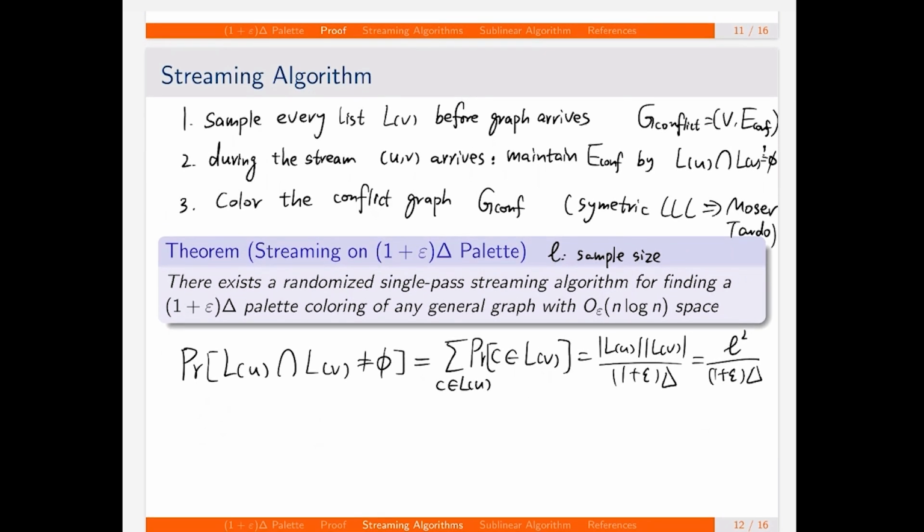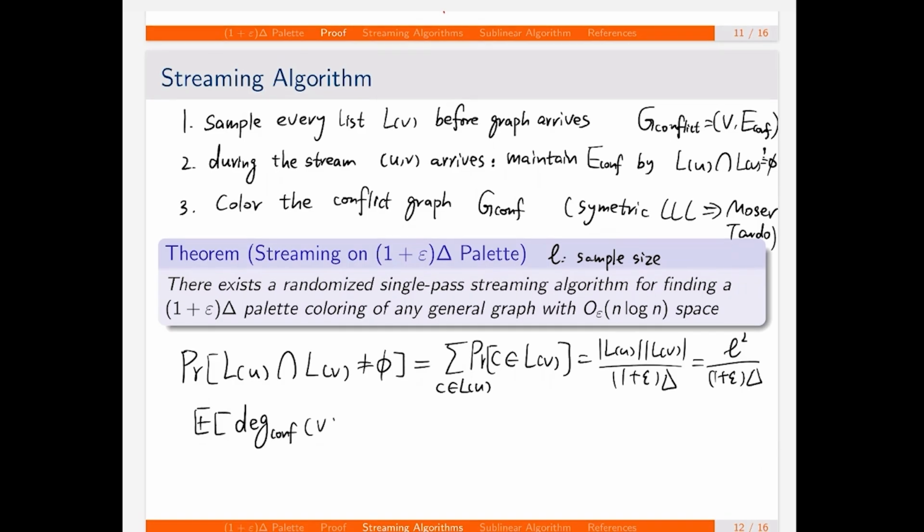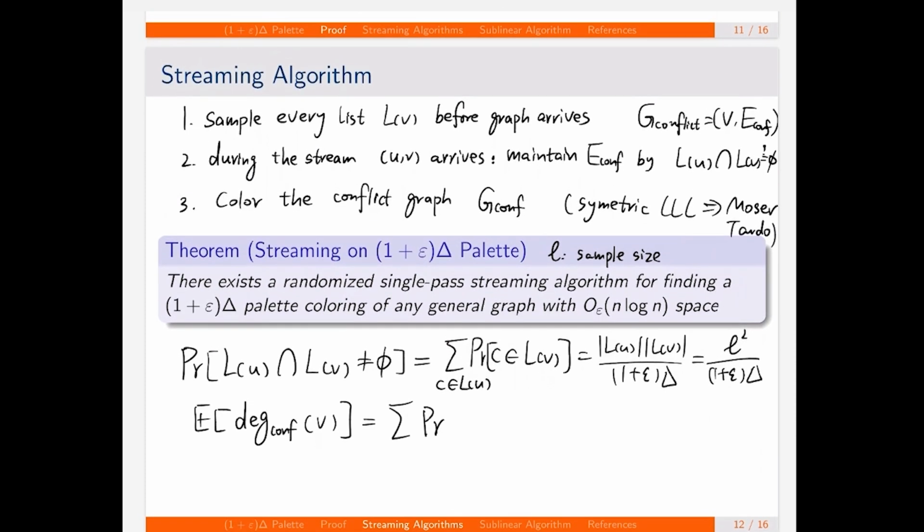Now let's study the average degree of this conflict graph. The expected degree of the conflict graph for a vertex V: you first fix some vertex V, and it's a sum of the probability over U in N(V) such that L_U intersect L_V is not empty.